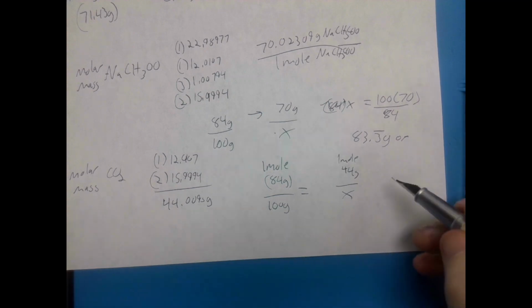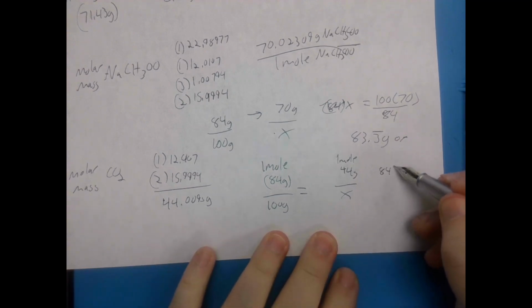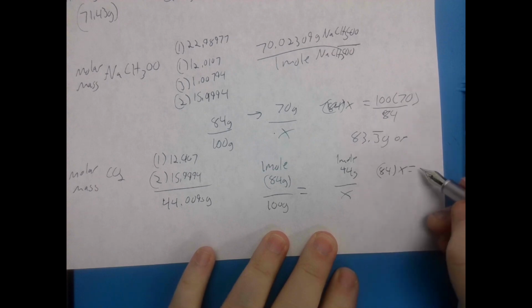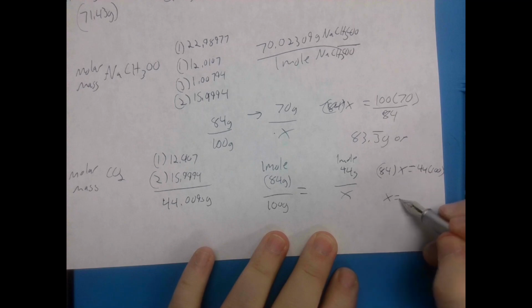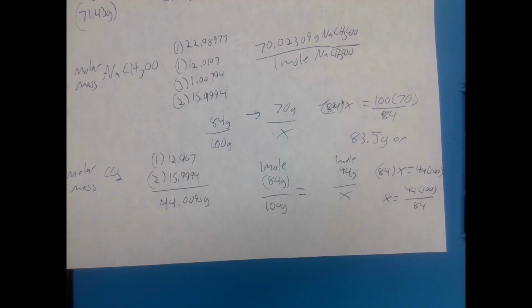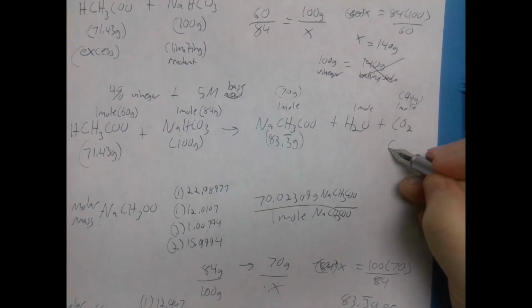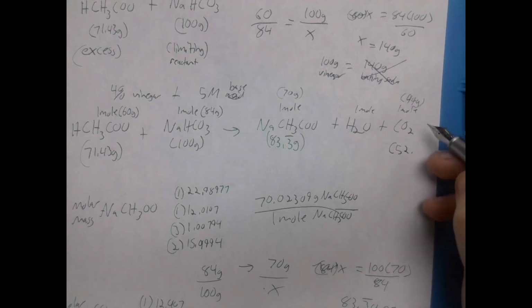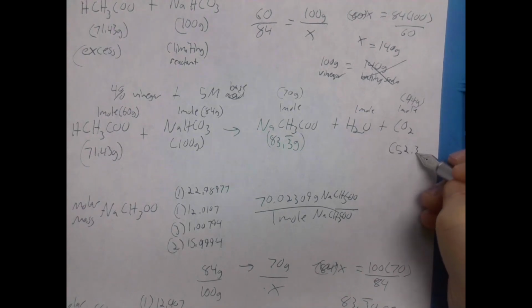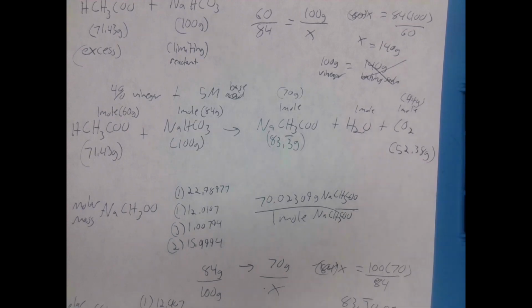I cross multiply. So 84 times X is equal to 44 times 100. So X is equal to 44 times 100 divided by 84. And I will make 52.38 grams.